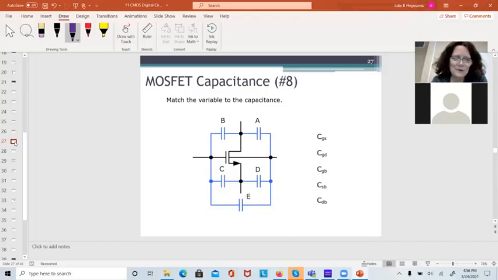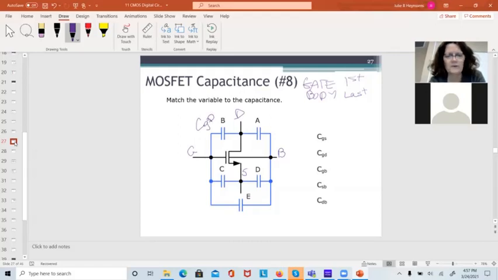This is the gate, this is the drain, and this is the source, and this is the body. So start out there. The rule for the naming convention is gate comes first, and this is all I ever need. Gate first, body's last. So going from the gate to the drain, this capacitor B here is going to be CGD.